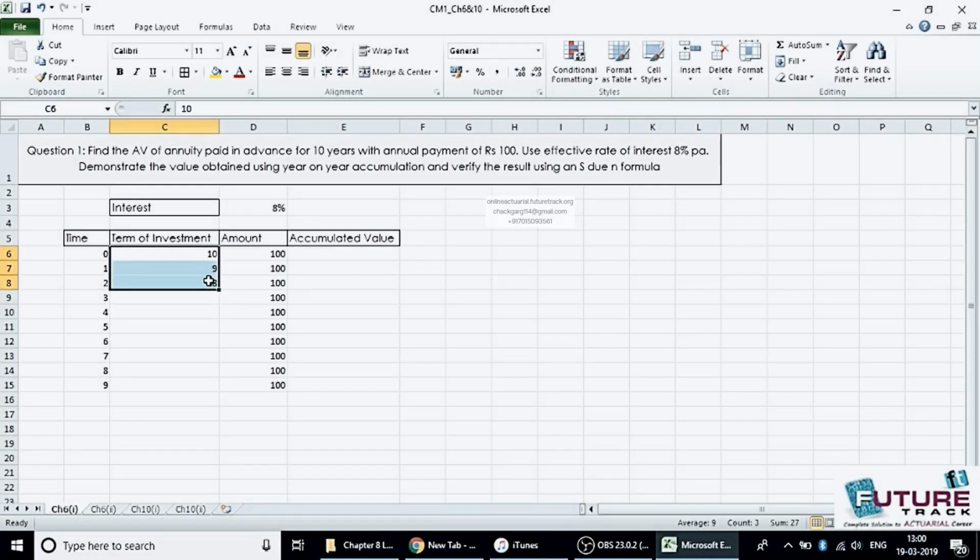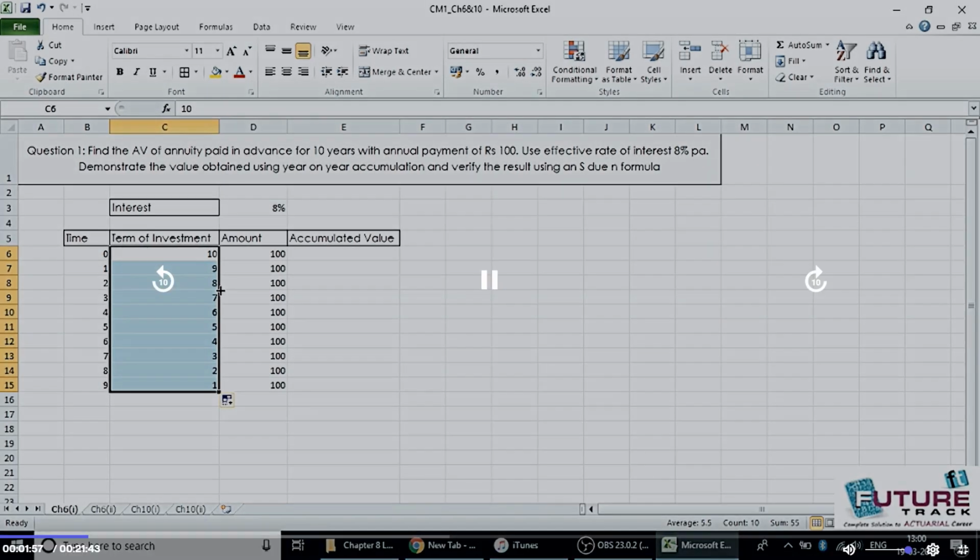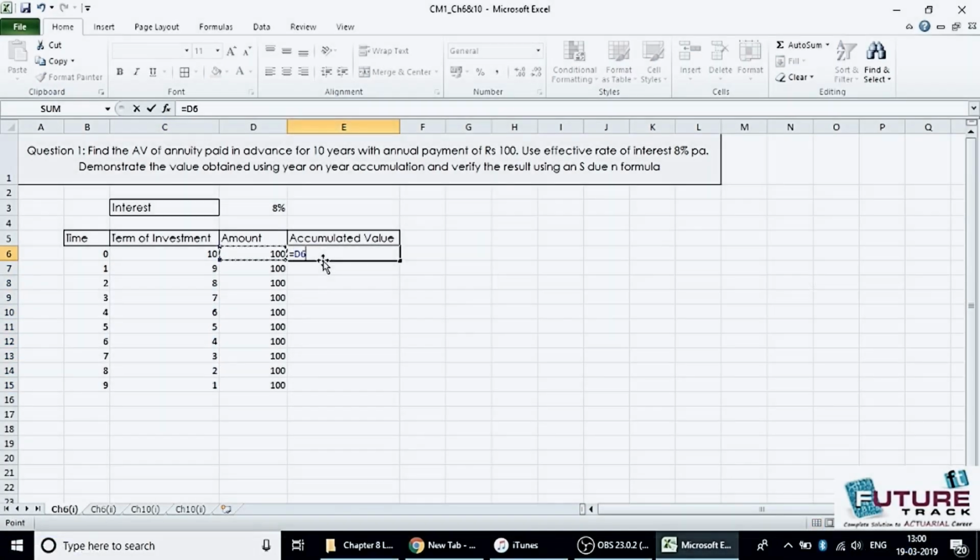So select this. Now since the adjacent column is filled, if you just double click here, you will get the column filled. This property works whenever the adjacent column is filled. Now let's find the accumulated value. Equal to, we have this amount multiplied by 1 plus the interest rate I. See, press I, tab.